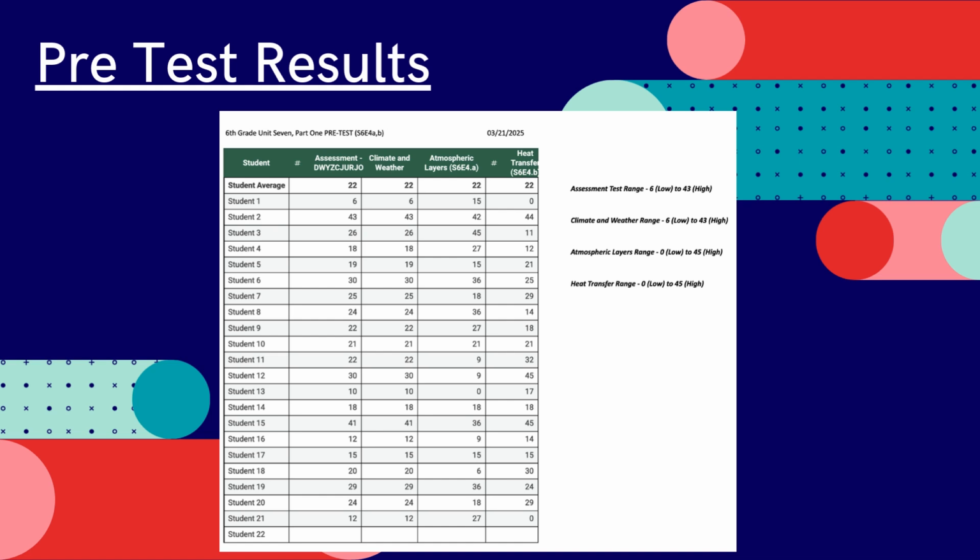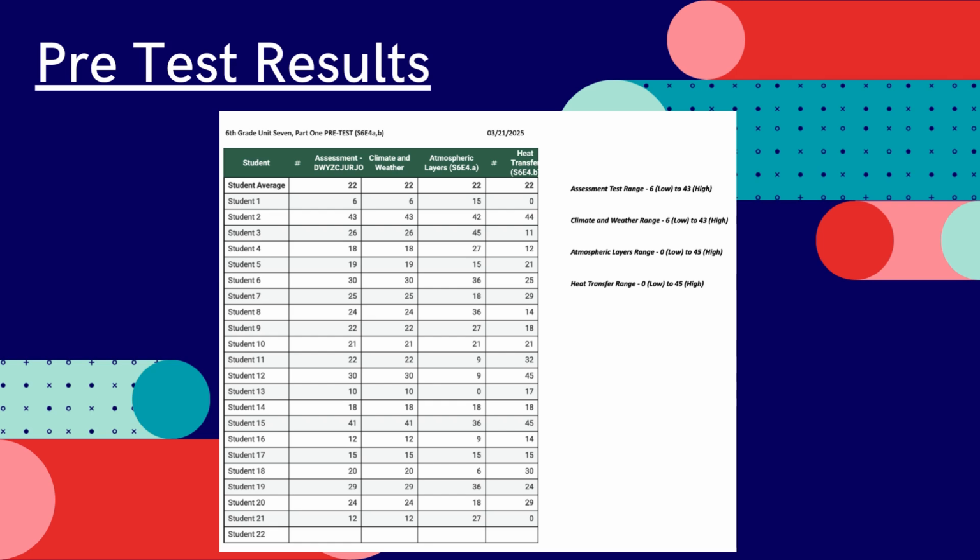In looking at the pre-test scores, for the average scores for your assessment overall, 6 was the low, 45 was the high. For climate and weather, it was the same. 6 was your low score, 45 was your high score. In looking at atmospheric layers, there were some scores of 0, ranging all the way up to, it looks like, a 45 or a 42.